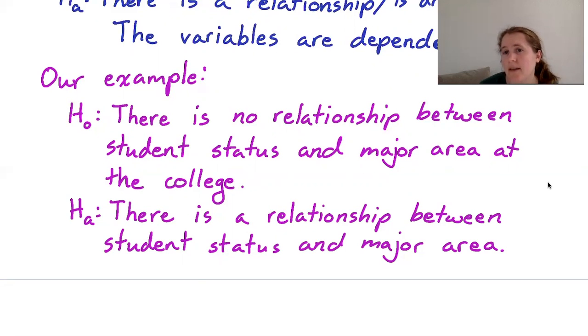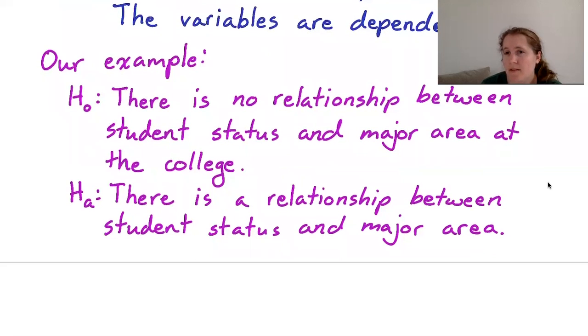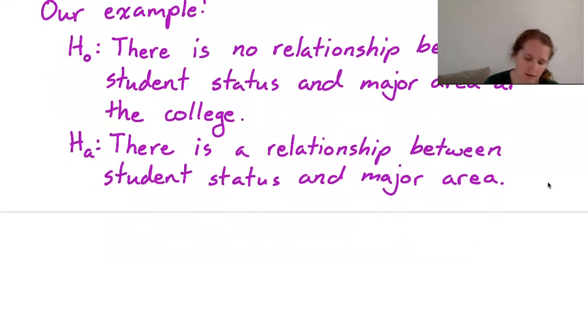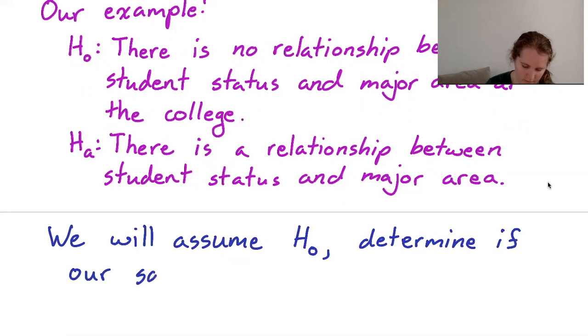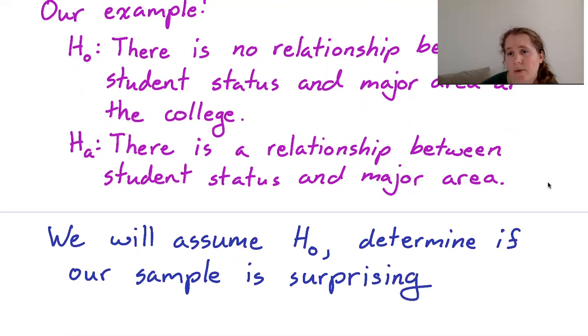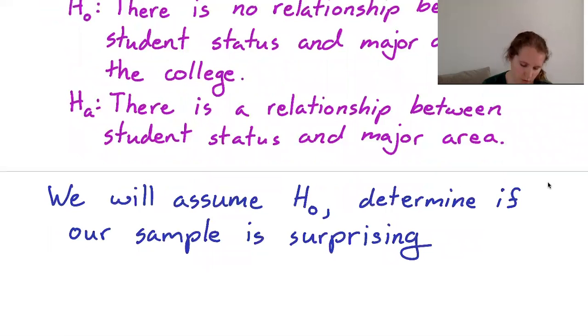In a test, our job would be basically to assume the null hypothesis and determine if our sample is surprising, just like we usually do with hypothesis tests, and then we'll draw conclusions.